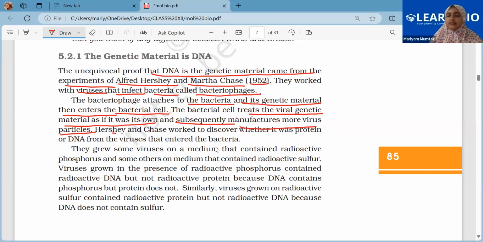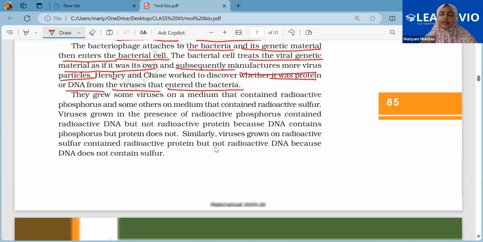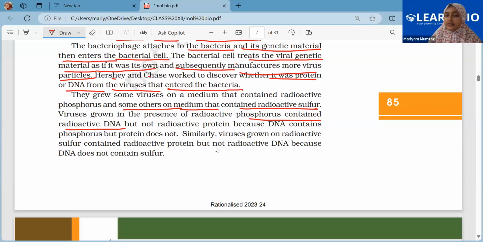Hershey and Chase worked to discover whether it was protein or DNA from the viruses that entered the bacteria. They grew some viruses on a medium that contained radioactive phosphorus and some others on a medium that contained radioactive sulfur. Viruses grown in the presence of radioactive phosphorus contain radioactive DNA, but not radioactive protein, because DNA contains phosphorus, but protein does not.